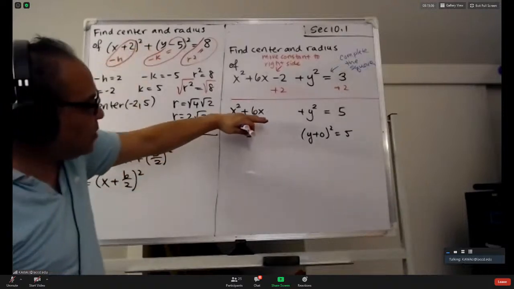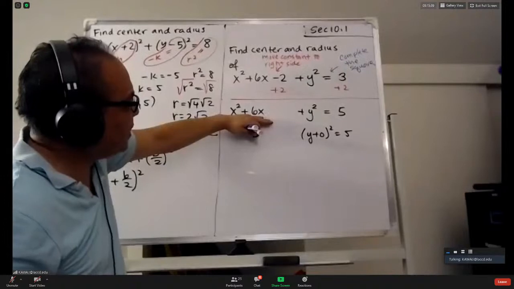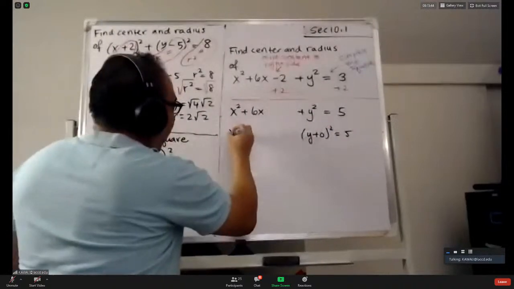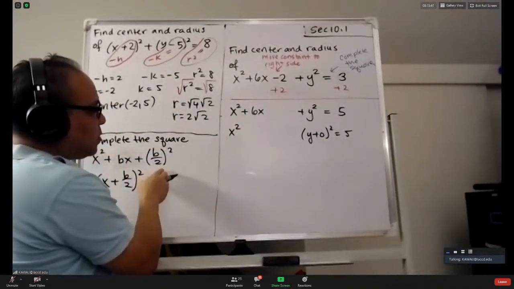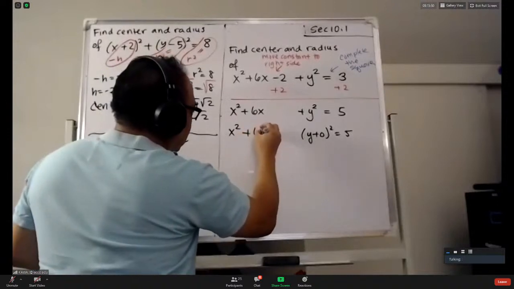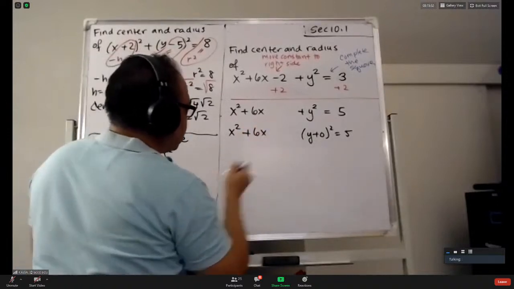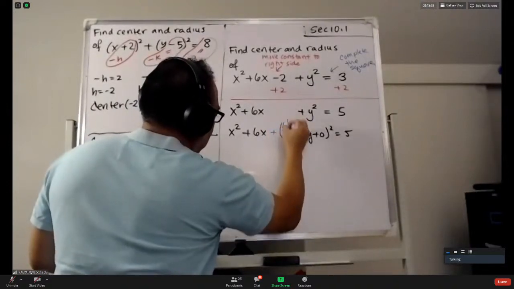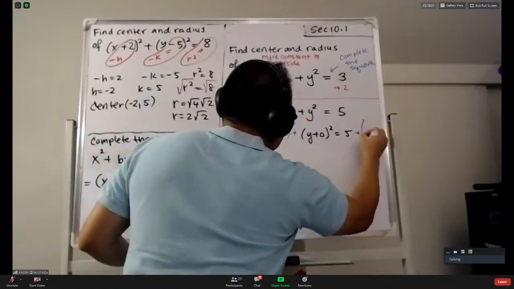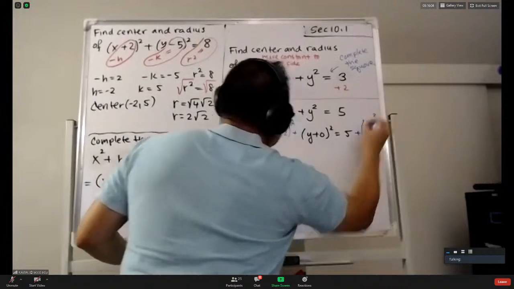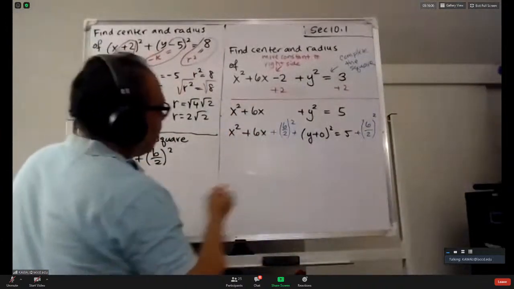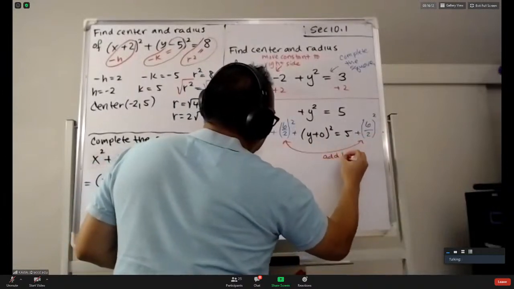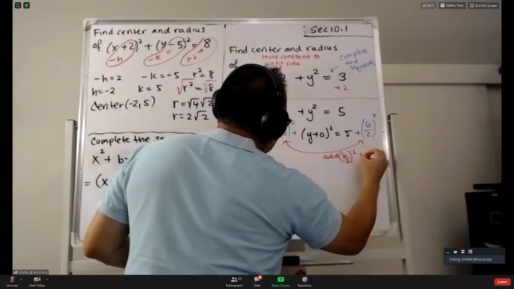The problem is I need to make this look like that. And I know I need to complete the square here because I have an x. So what I'm going to do is add b divided by 2 squared to both sides.